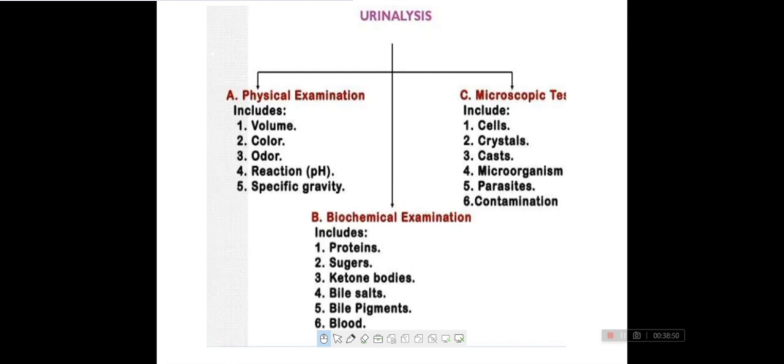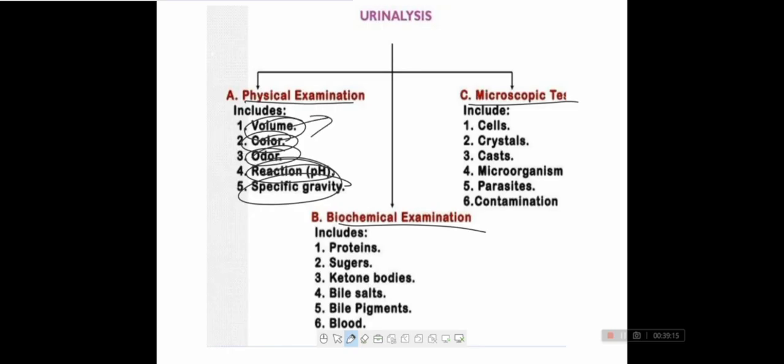Next is urinalysis. How do they examine urine? There are three methods. First is physical examination, second is microscopic test, and third is biochemical examination. In physical examination, we examine the volume, color, odor, reaction, and specific gravity.